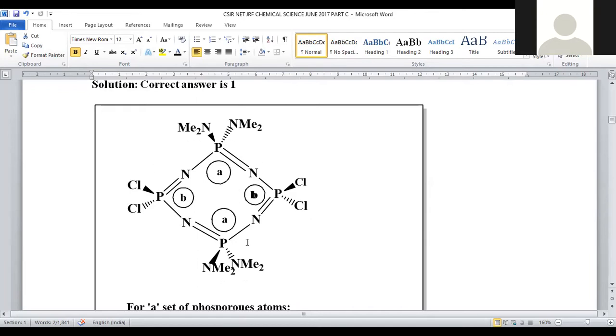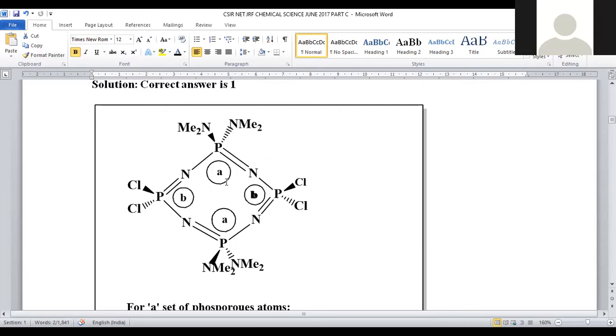Those containing NMe2 groups are regarded as one kind, and those accompanied by chloro functional groups are regarded as the other kind. In this way, 2 types of phosphorus atoms, 2 environments, are present within the given compound.